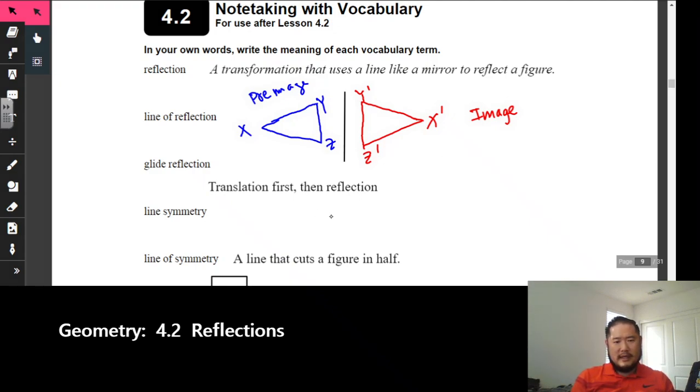Let's take a look next at line of symmetry. Let's say I have right here, we got ourselves a square. And in this square, I want to figure out how many times can I draw a line through it to where it reflects. So if I were to fold over the line, it would fold over itself. So if this is a square, I could draw one line right here.